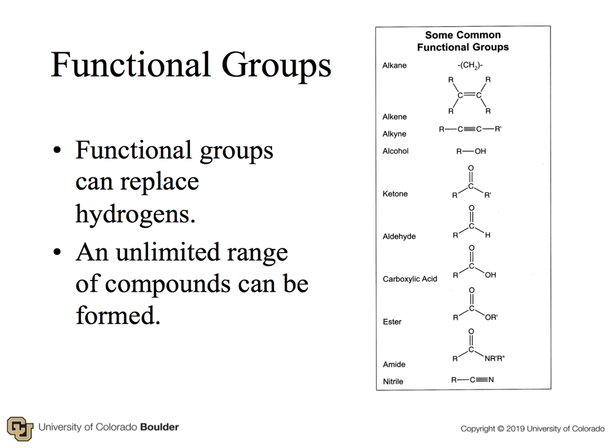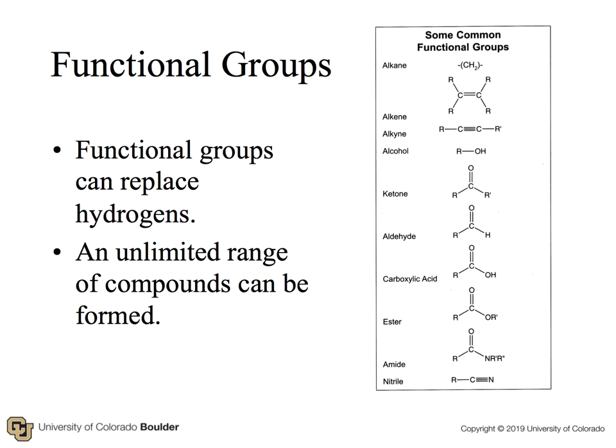But what the R's represent is the fact that you don't have to bond just a hydrogen to those carbons. You can bond anything else that can form a bond, and there are an enormous variety of so-called functional groups in organic chemistry, and some of them are shown here.